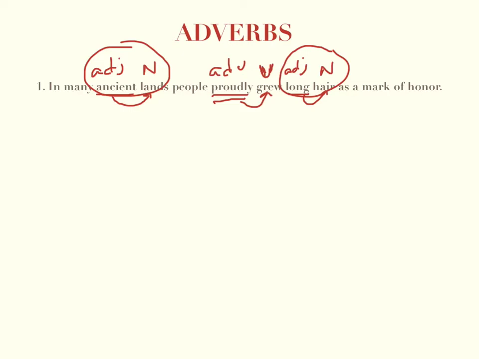All right, let's take a look at another sentence. Our next sentence reads, a very nice bowl of fruit sat on the table. I'll give you a couple of seconds, see if you can figure out what the adverb is in this sentence. All right, good.